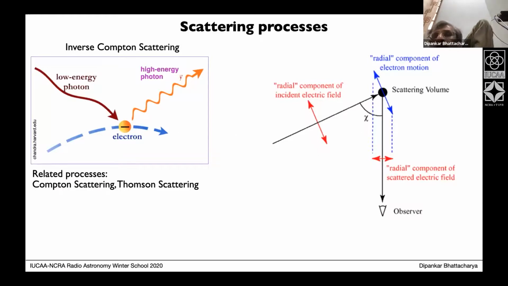The regime in which the energy transfer between the incoming and the outgoing photon is very low is called Thomson scattering, which is called the elastic limit, where the photon and the electron typically retain their energies, but there is a change in direction.